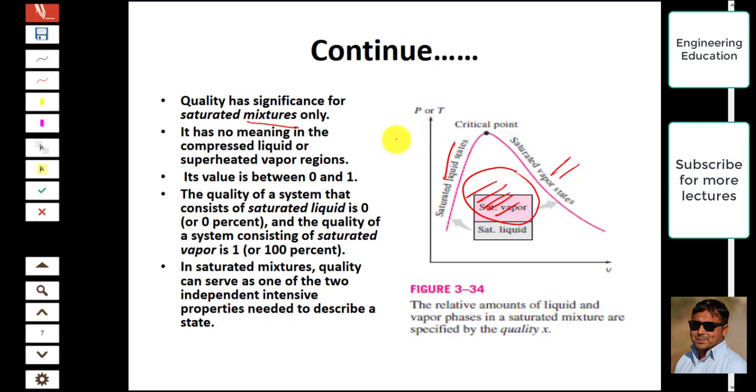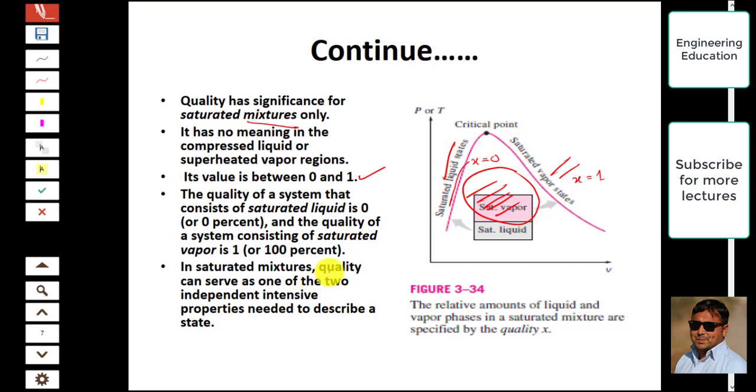Its value is between 0 and 1. The quality of a system that consists of saturated liquid is 0. On this line we have a dryness fraction or quality of 0, while on the saturated vapor line we have a dryness fraction equal to 1, that is 100%.